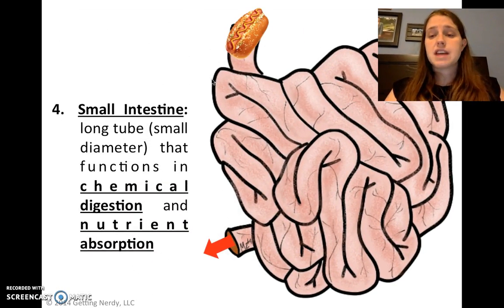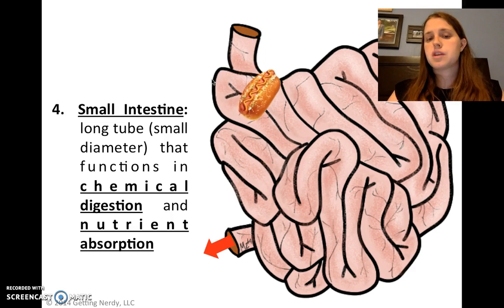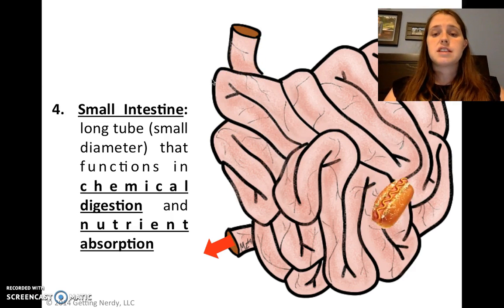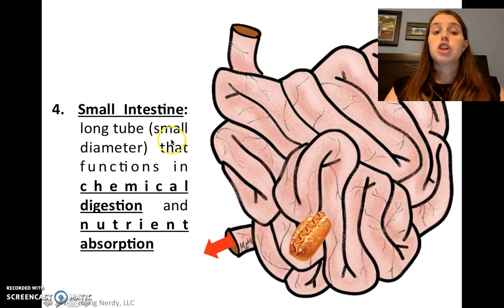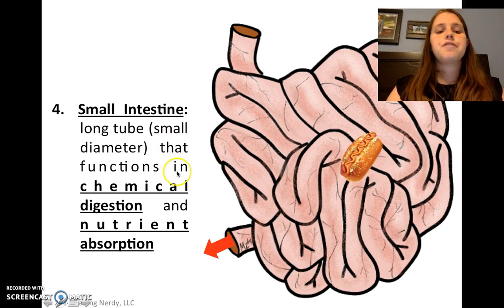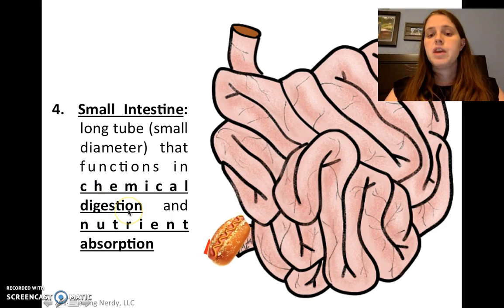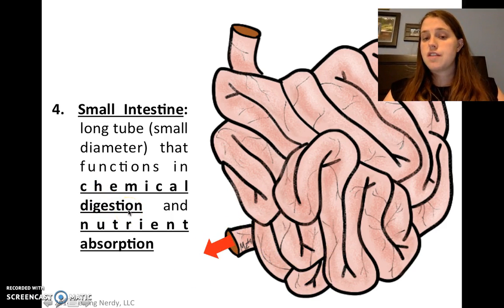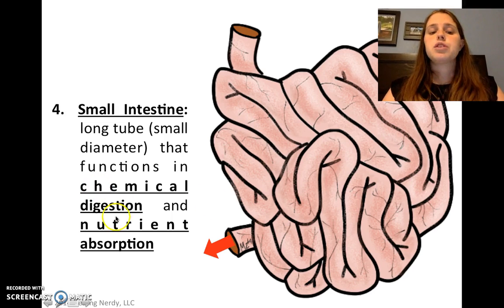So your small intestine is where it goes next. After your stomach, it heads into your small intestine. Your small intestine is a long tube, very small in diameter but very long, and it functions in chemical digestion. We're done with our mechanical digestion at this point, and it's just a chemical digestive process.